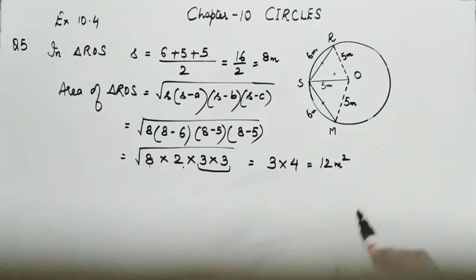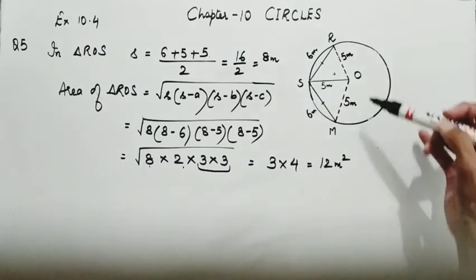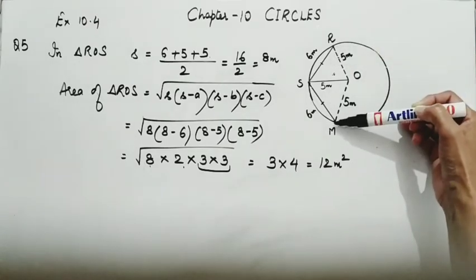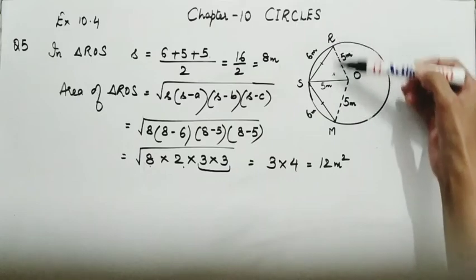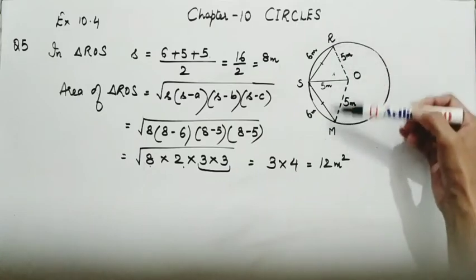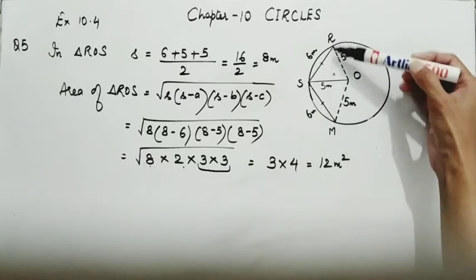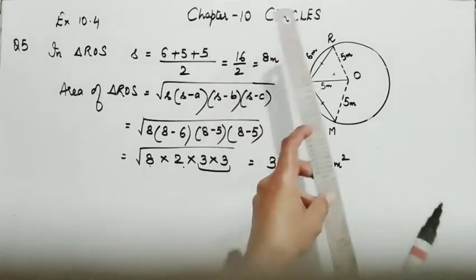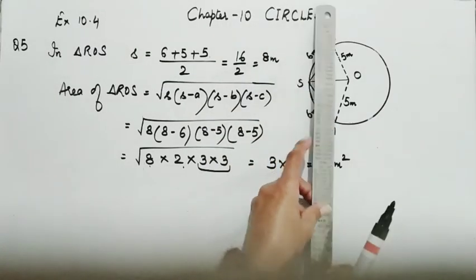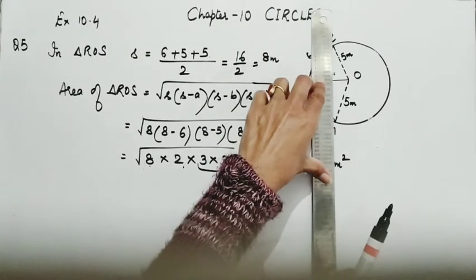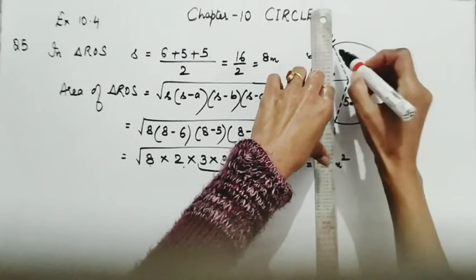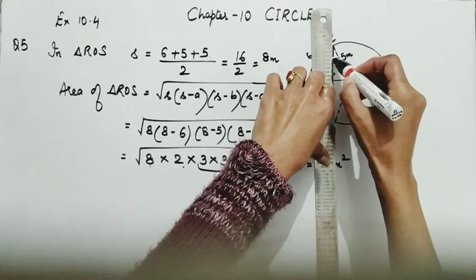Now listen. Since we are asked to find the distance between R and M, we need to find Reshma and Mandeep's distance. If we connect RM, or if I say that joining R and M, this would be actually perpendicular.